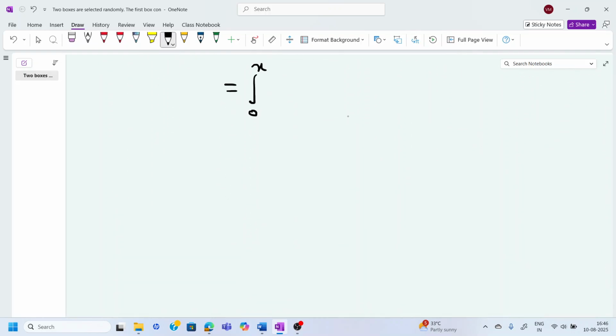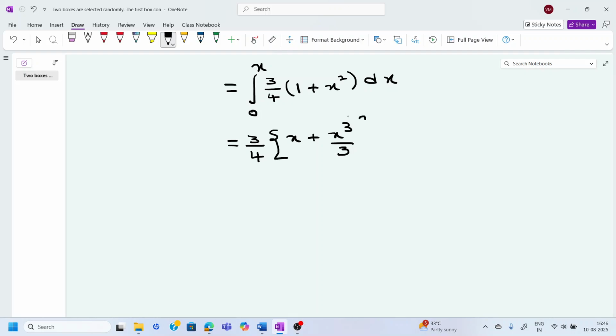So 3 by 4 into (1 plus x square) dx. This constant 3 by 4 we can take outside. Again, integration of 1 dx is x, plus integration of x square is x cube by 3, and then we substitute the limits 0 to x.